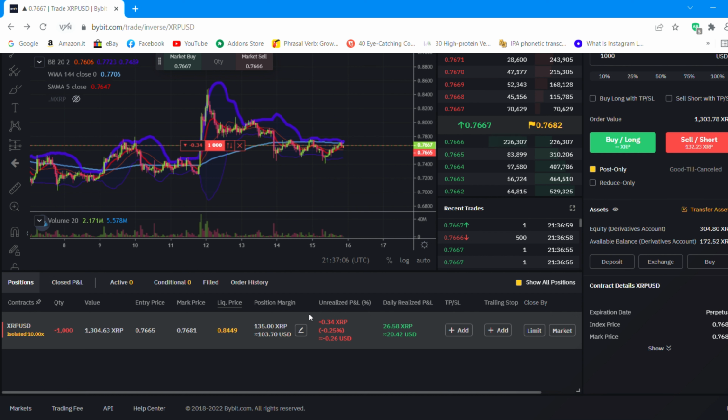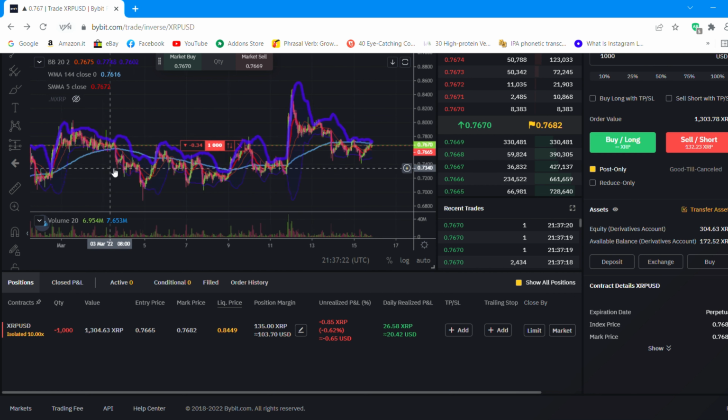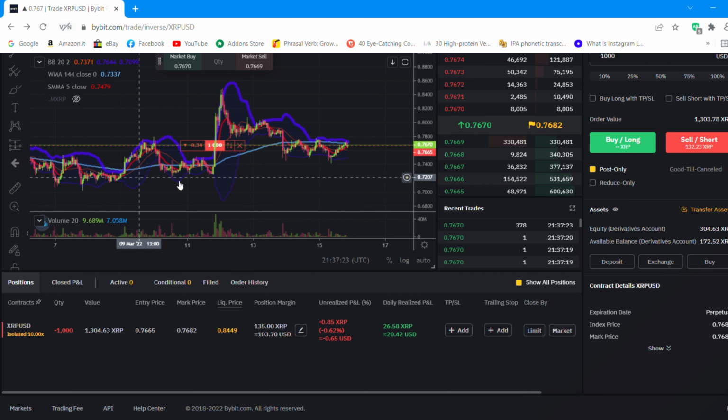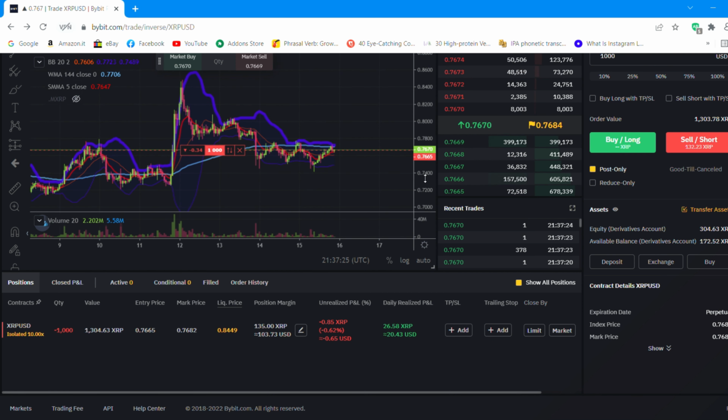Now, there might be trading strategies and traders that will say, okay, you got liquidated, that's it, you're done, you'll start another position, you move on, life goes on. I always protect my capital. When trading XRP, I learned that the hard way, but this strategy also helped me survive 20% pumps.